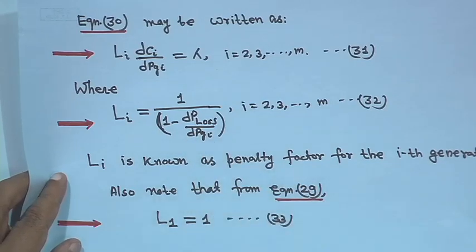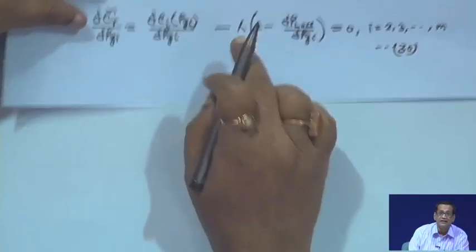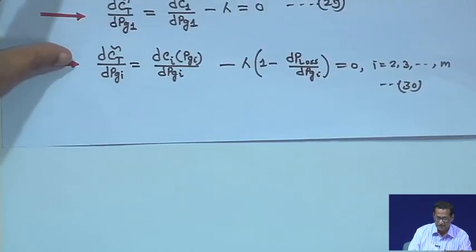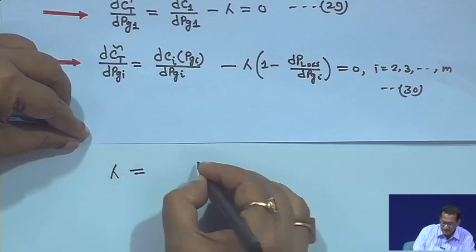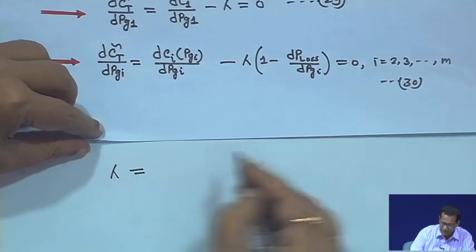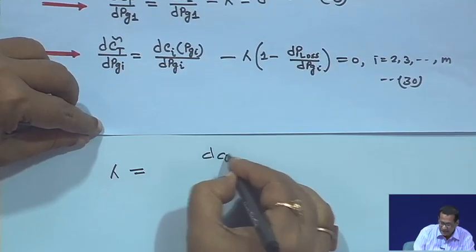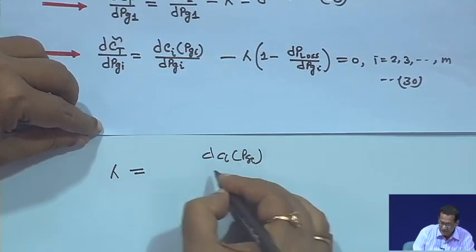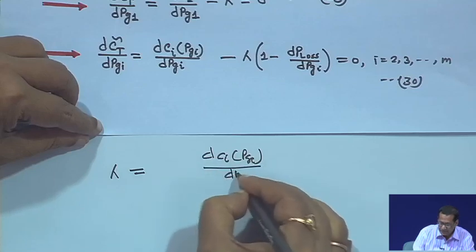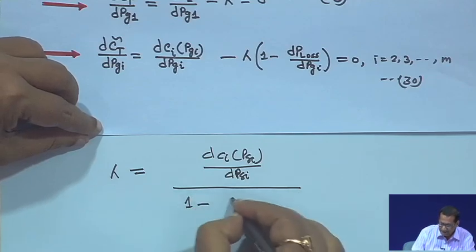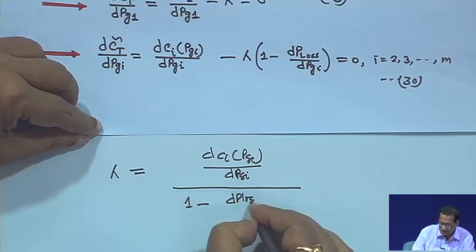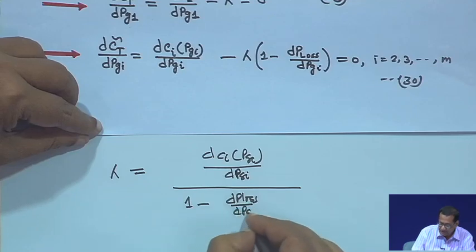That means, for your understanding, rewriting this equation, we can write lambda is equal to dCi upon dPgi divided by 1 minus dP loss by dPgi.